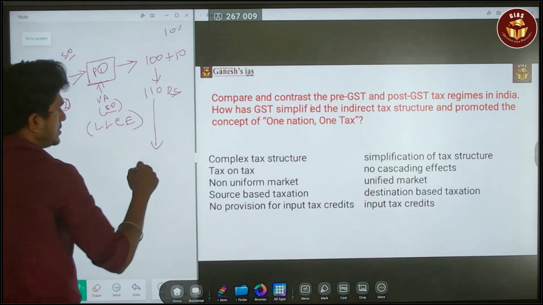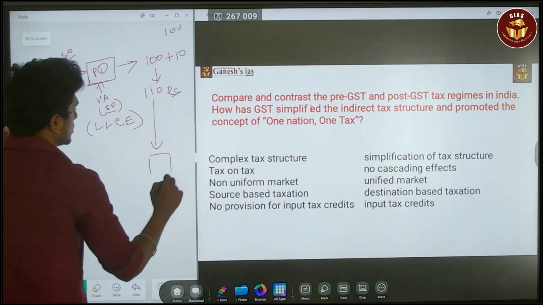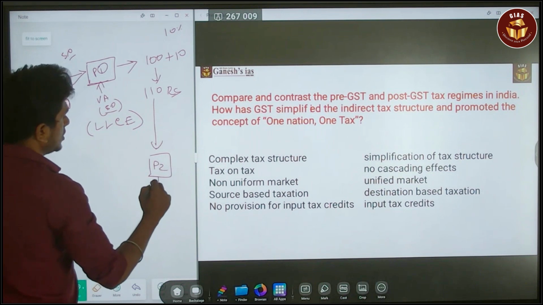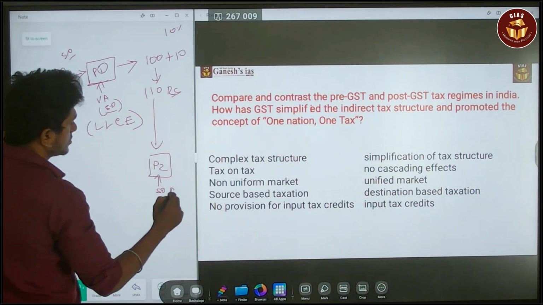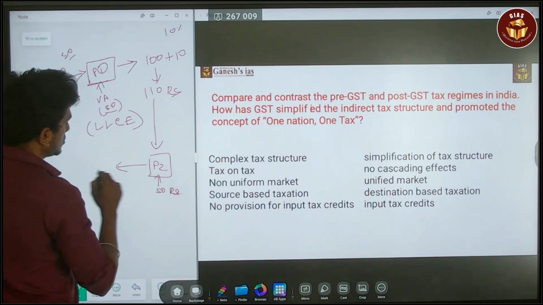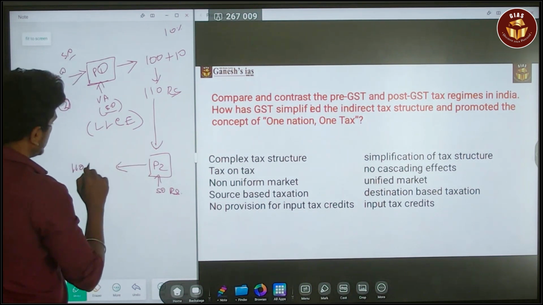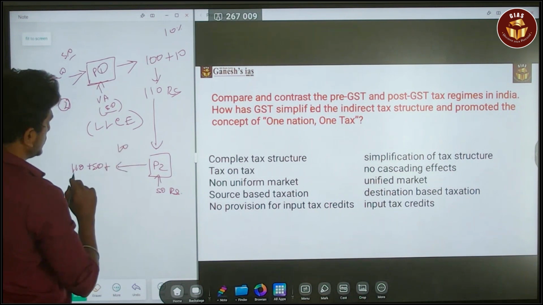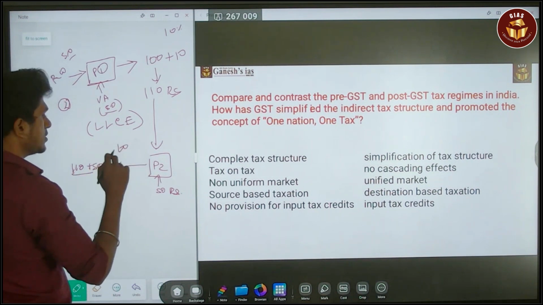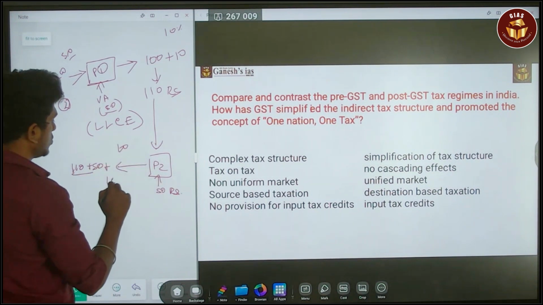Now this is bought by producer 2. He is doing certain value addition on these goods, 50 rupees. So 110 plus 50 is 160, and the 10% on 160 is 16 rupees.